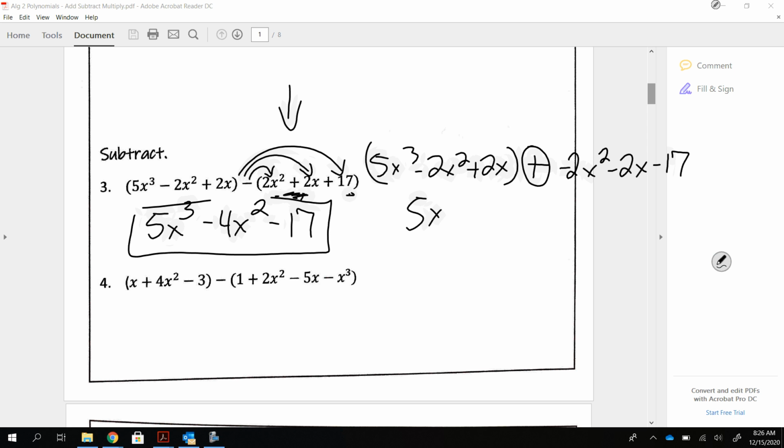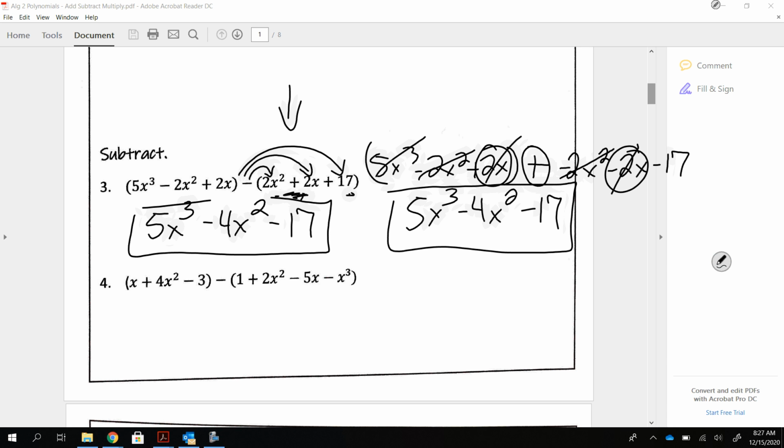It moves down. 5x^3, that's gone. Negative 2x^2 plus negative 2x^2 is negative 4x^2. You can see where I'm going with this. A positive 2x minus 2x, those cancel out, that is 0. And then finally what's left is negative 17. We got the same exact answer.